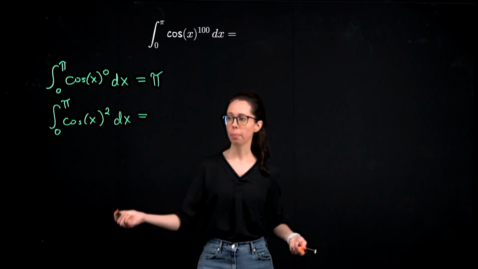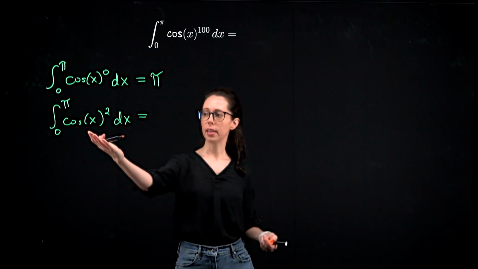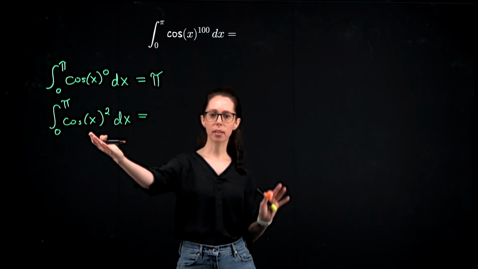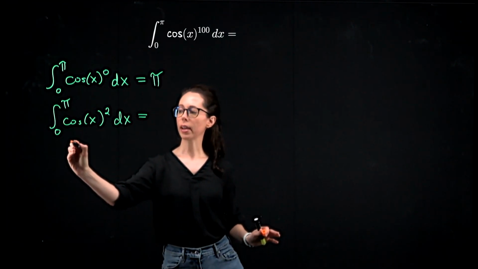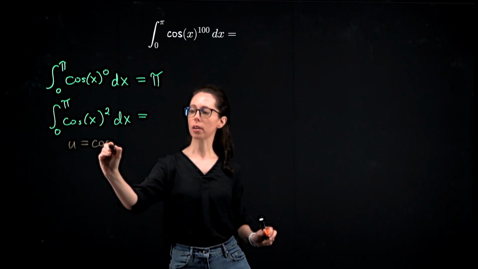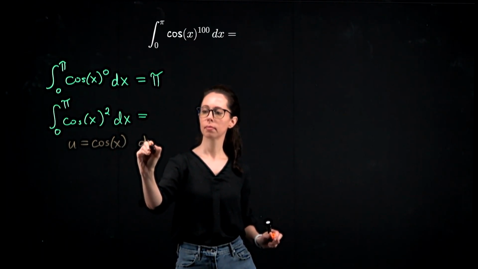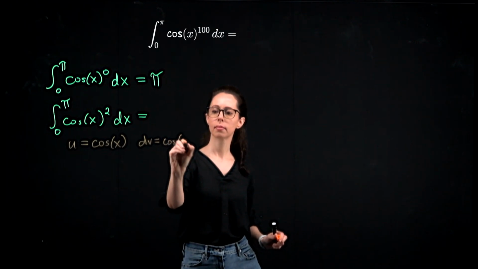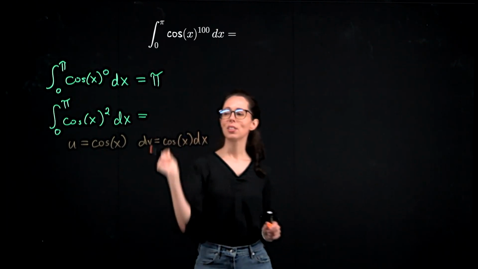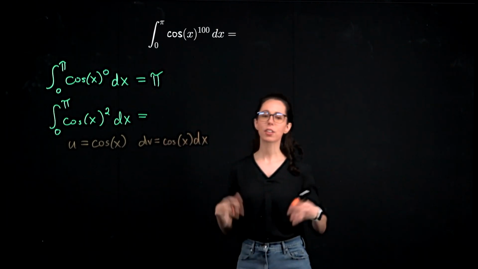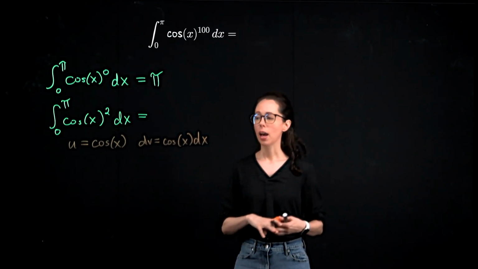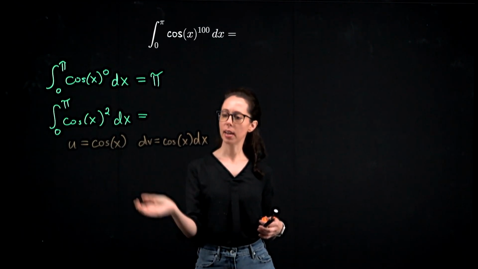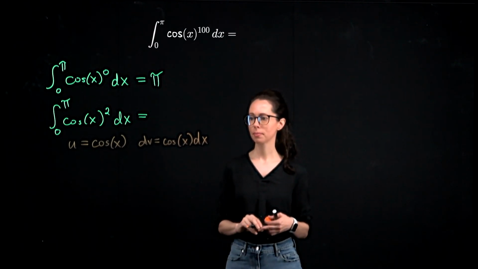You recognize this integrand as the product of cosine with itself. That gives you the integration by parts decomposition. So instead of thinking of this integrand as cosine squared dx, I'm going to think of it as cosine of x times cosine of x dx.